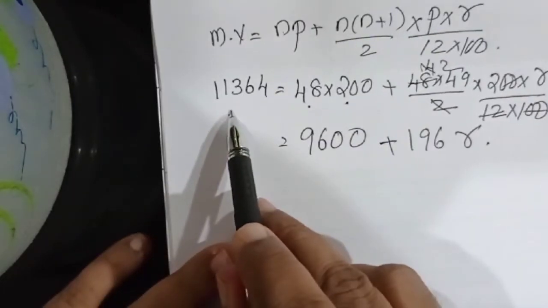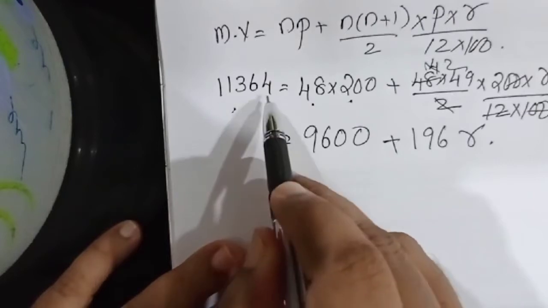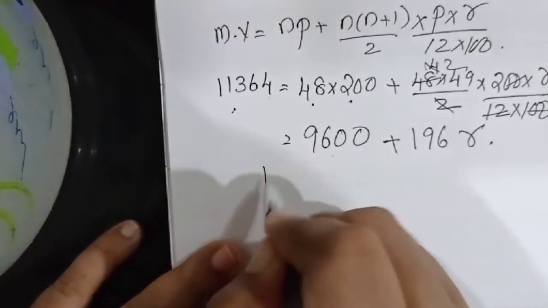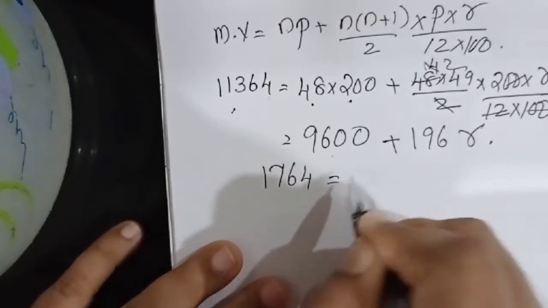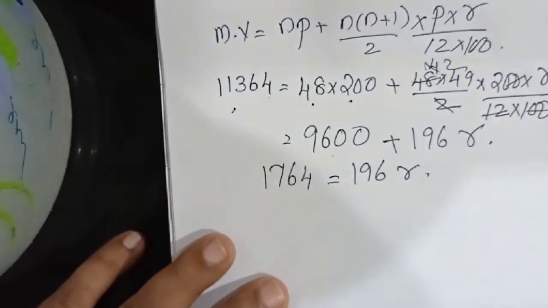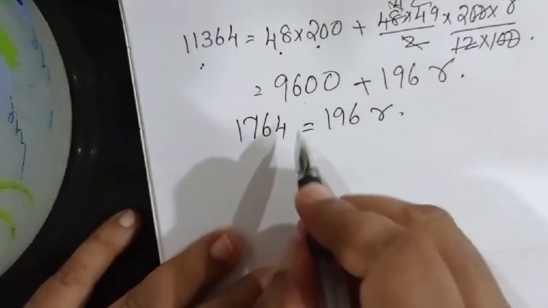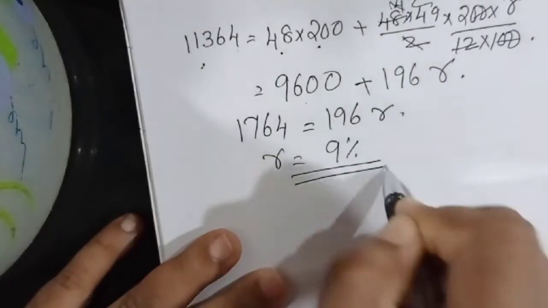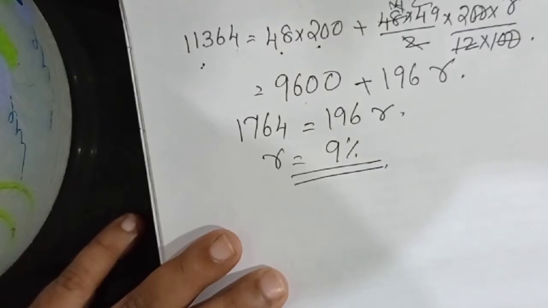After subtraction, 11,364 minus 9,600 is 1764 equal to 196R. Right? Therefore, R is equal to, here also that is 9%.